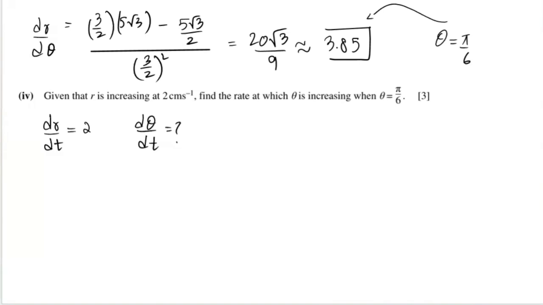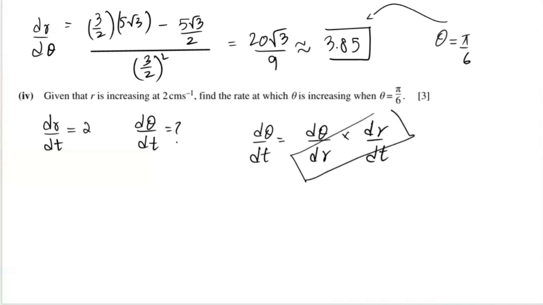So let's use the chain rule. d theta over dt will be d theta divided by dr times dr over dt. There are a lot of ways you can write it, but this is usually how I teach my students. This is the chain in the chain rule. So you've got dr over d theta. If they say this, you can just switch your previous answer, since that was 20 root 3 divided by 9, I flipped it upside down, times 2.